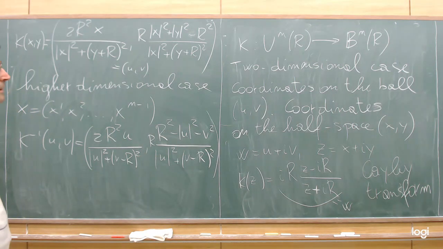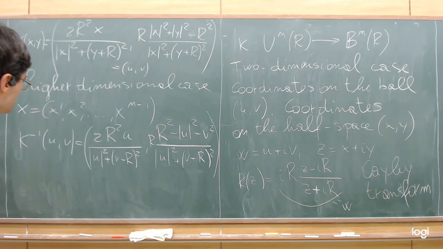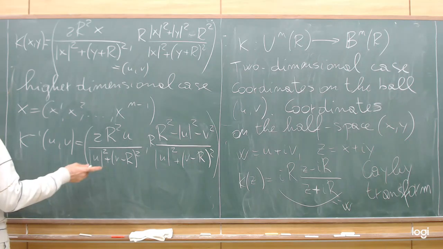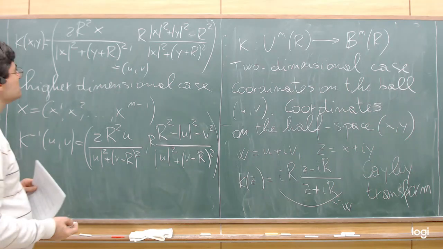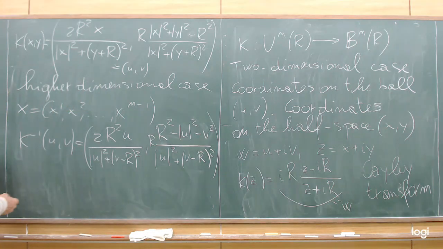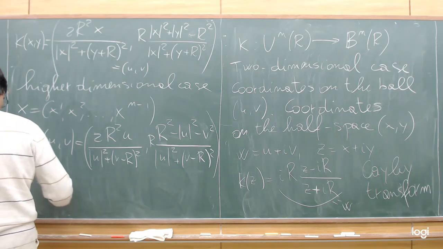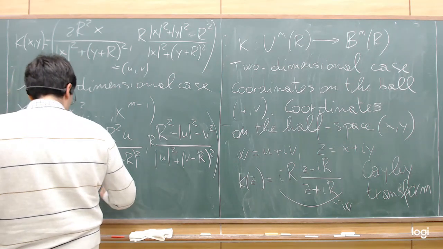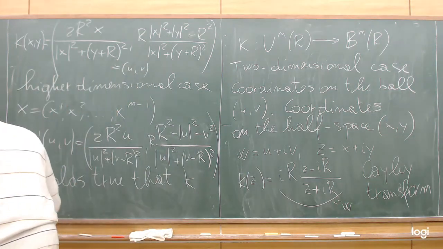In this case, the computations are more complicated, as you see, and what we did so far is that we proved that K is a diffeomorphism. It is more complicated to prove that we have an isometry. So it holds true that K is an isometry.